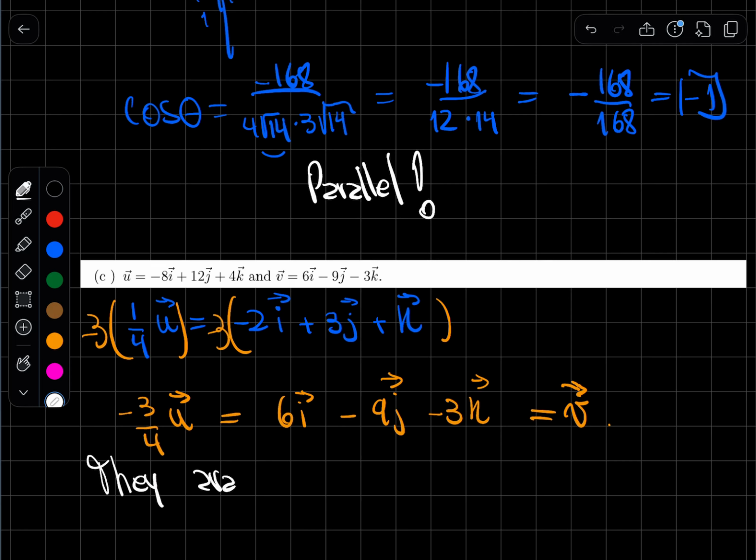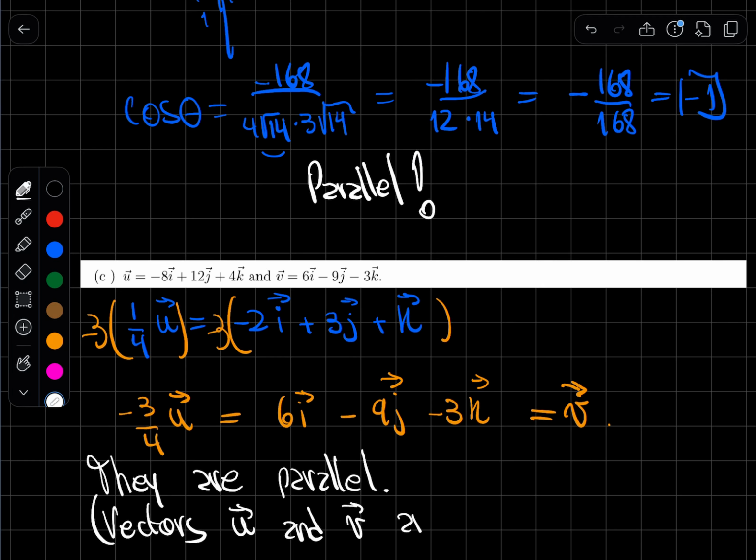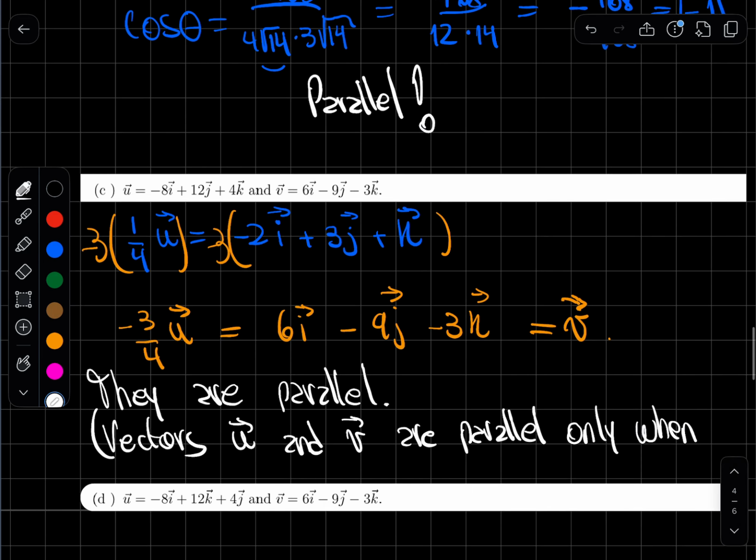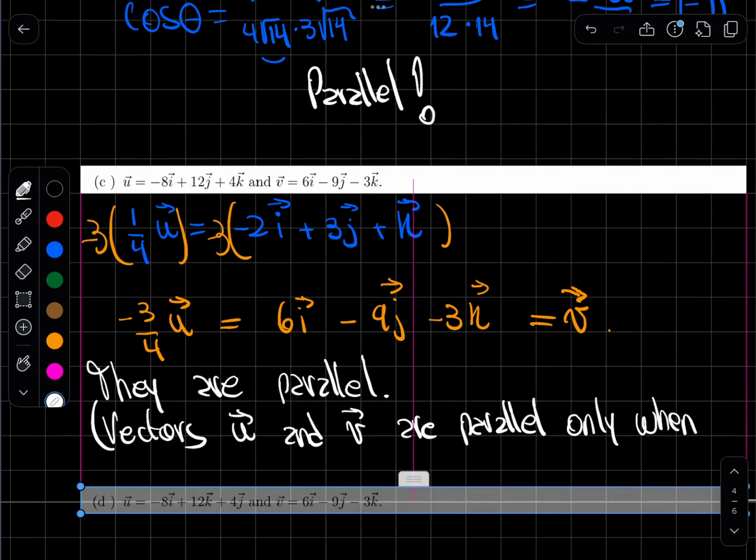So again, this is not systematic, but it does help when you can see the multiplication here. Okay, they're parallel, and this is a definition, right? Vectors. If you're taking notes, just write this down. Vectors u and v are parallel only when u is a multiple of v.